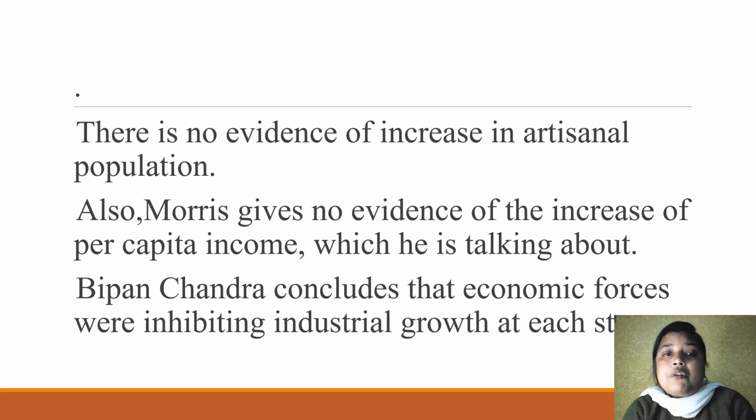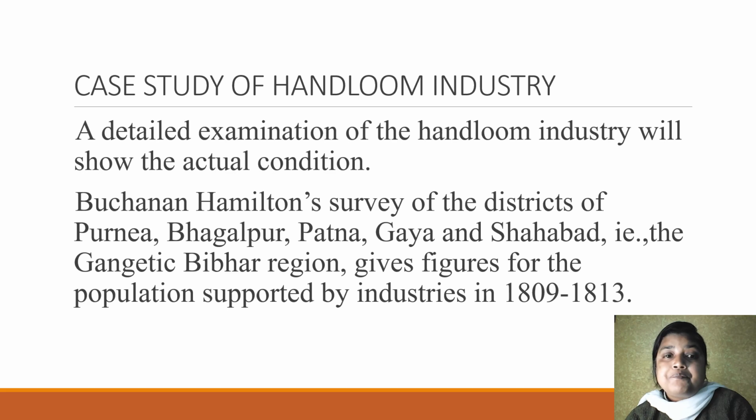There is no evidence of increase in artisanal population. Also, Bipin Chandra says that Morris gives no evidence of the increase of per capita income which he is talking about. Bipin Chandra concludes that economic forces were inhibiting industrial growth at each stage.